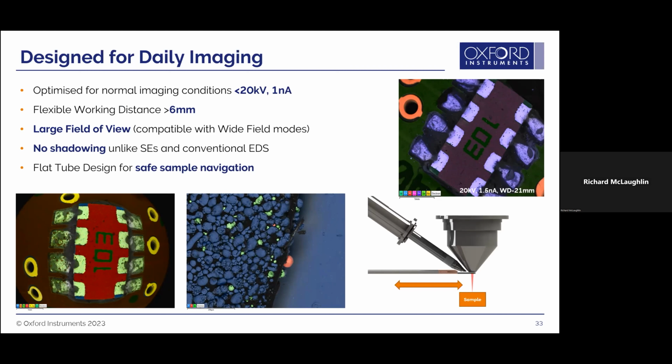It's a very flat tube, so there's no chance of running into other things in your chamber. And here's the actual head itself. Because it's under here, just like a regular backscatter detector, if you hit it, it might be damaged, but we could easily replace that head for approximately the same price as a regular backscatter.